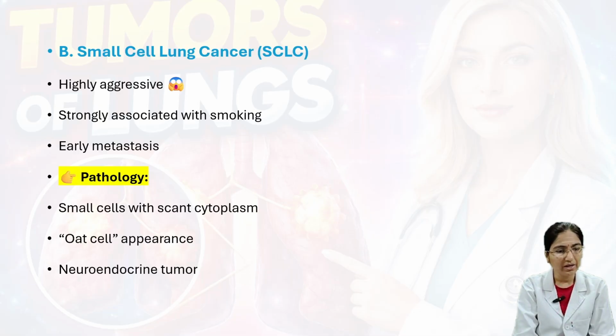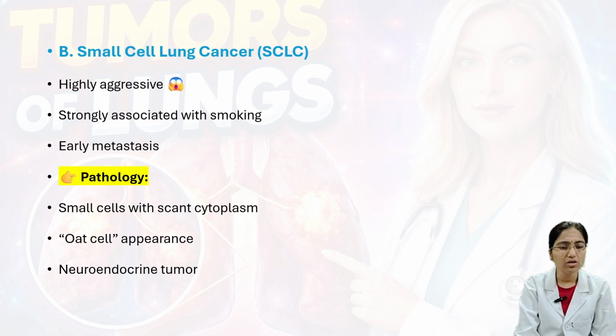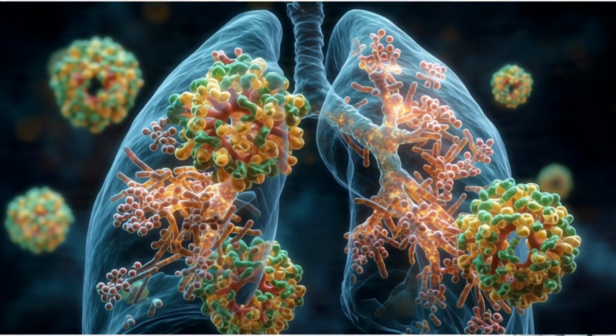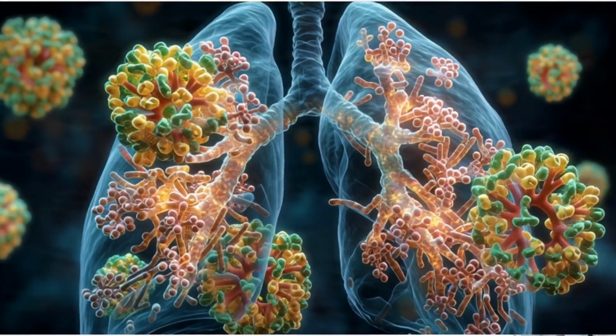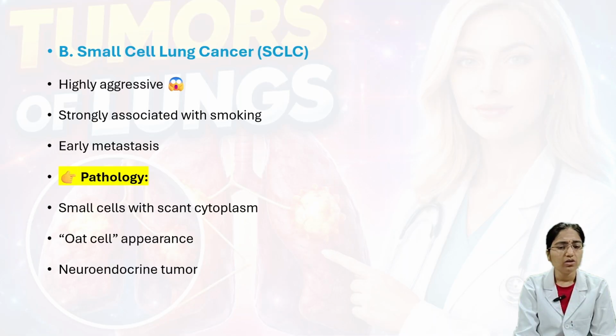The pathology in it: small cells with scant cytoplasm, a minimal amount of cytoplasm, and oat cell appearance, where malignant cells are present. It is a neuroendocrine tumor, a cancer that develops from neuroendocrine cells.